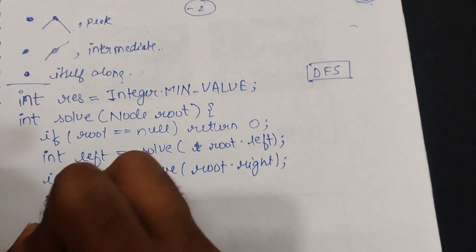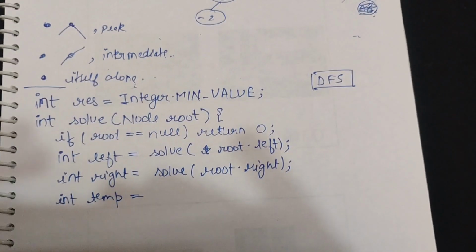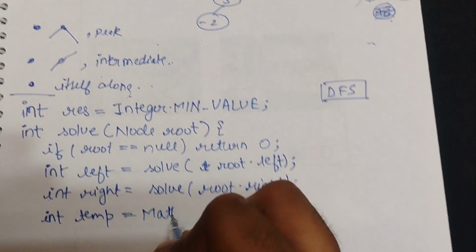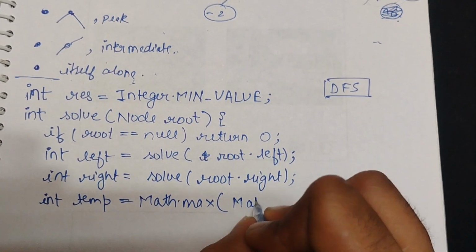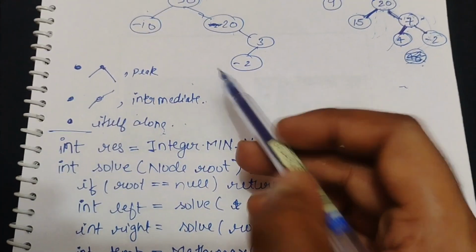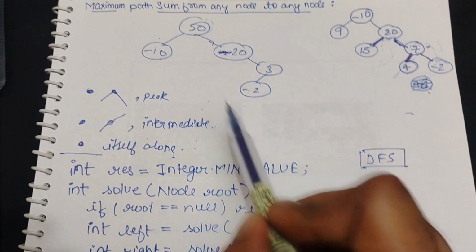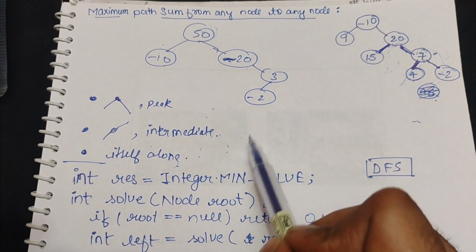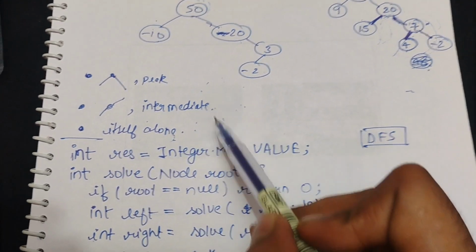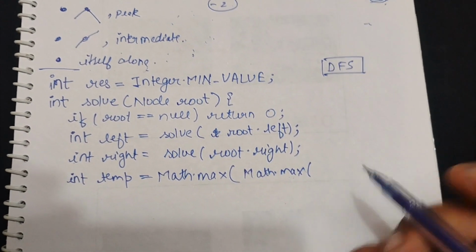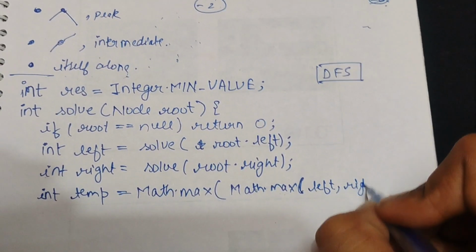Now I'll make another variable temp. Now what I'll write over here is math.max, because there are 3 choices, and for a particular node it cannot have all these 3 conditions satisfying at the same time. So it has to choose one of these 3. So that is why I'm writing conditions here: first of all, tell me the maximum of both left and right.